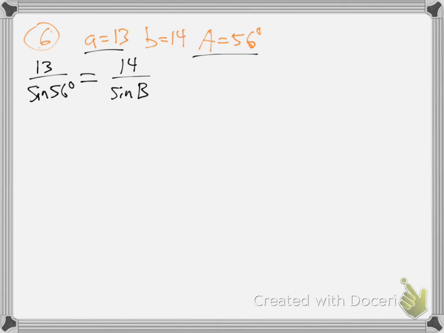Can you solve for B there? Cross multiply, and we're going to have to do the inverse sine to get rid of the sine and solve for B.